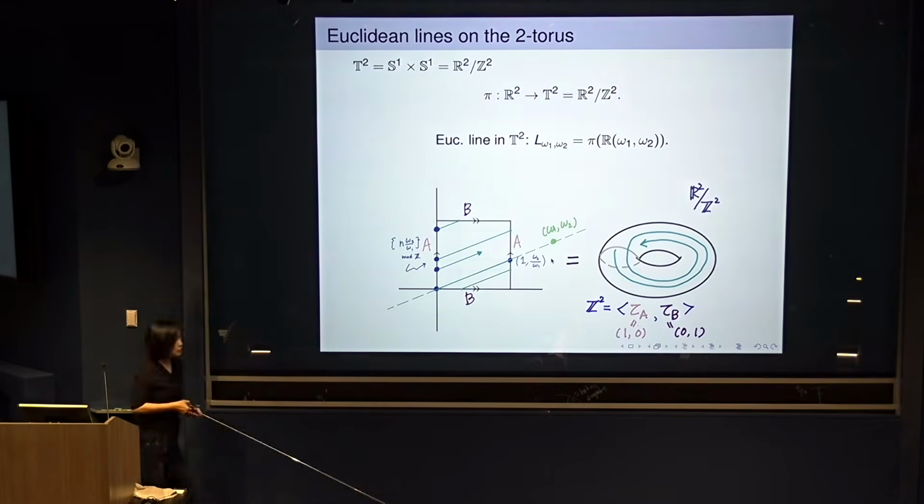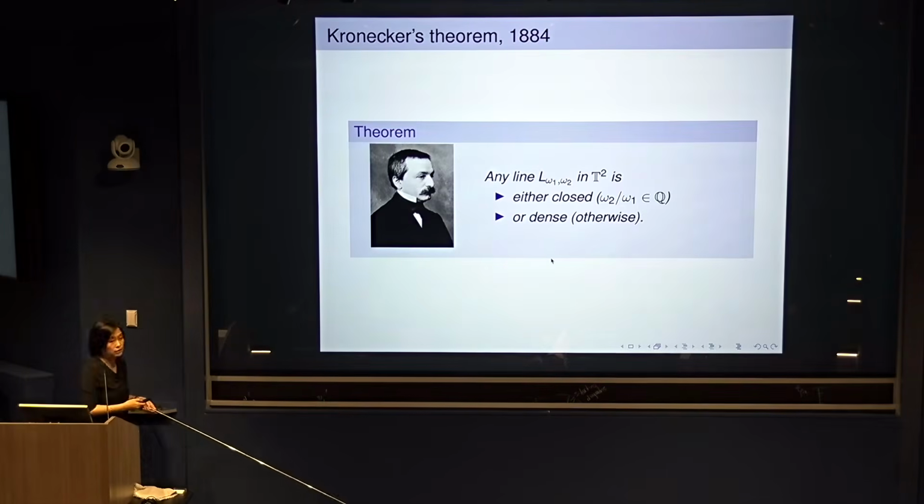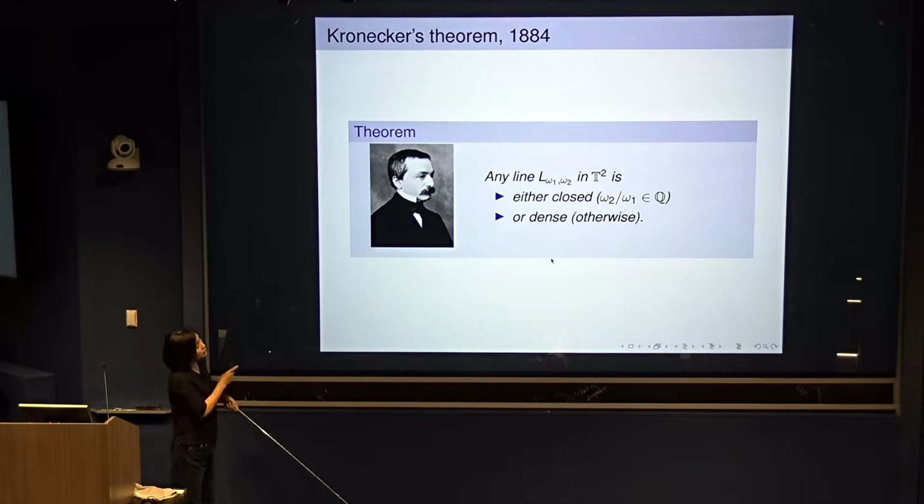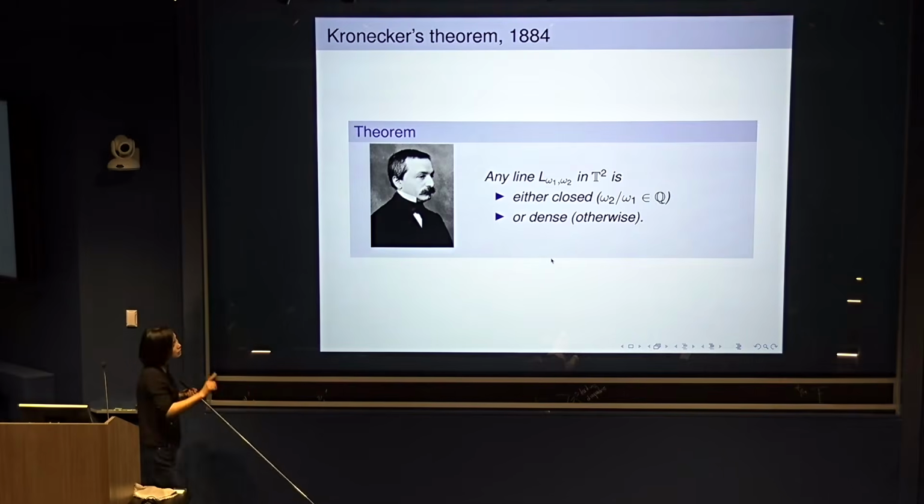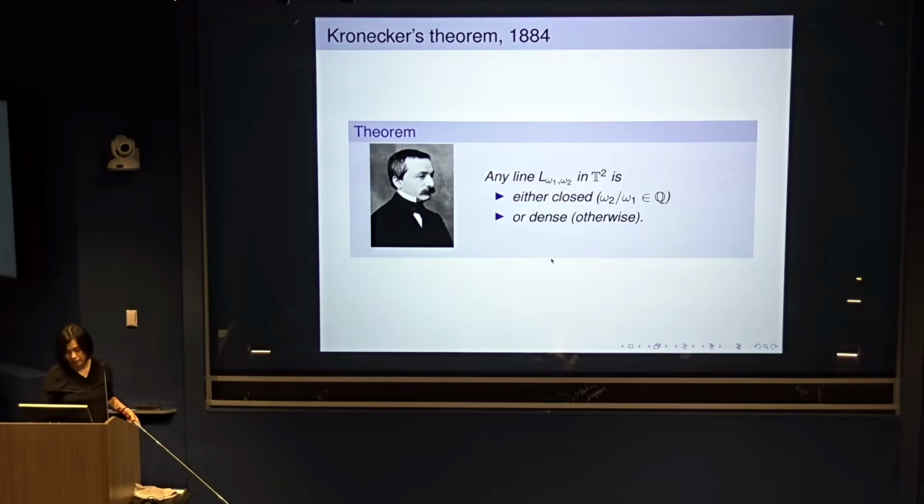This is exactly Kronecker's theorem in 1884: any line in the two torus is either closed and periodic, which happens exactly when the slope is a rational number, or otherwise it's dense. So she's going to either see a closed line, or she's going to see everywhere in the torus.